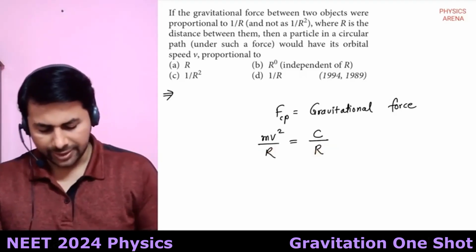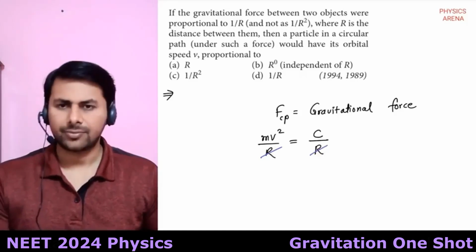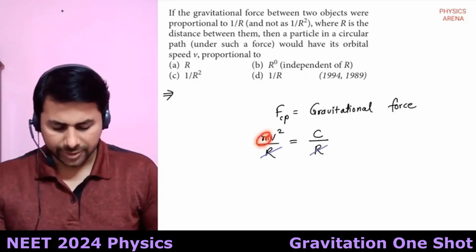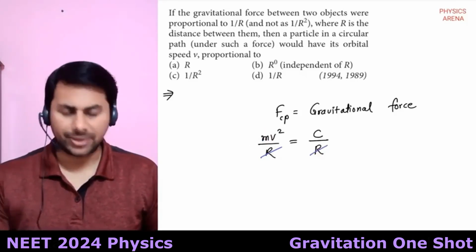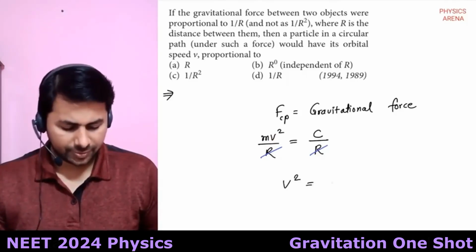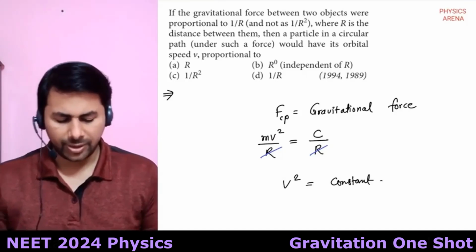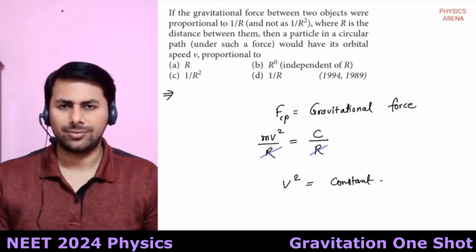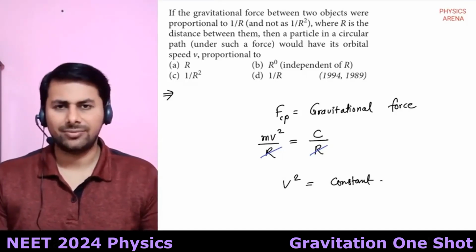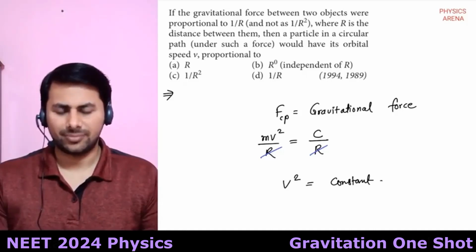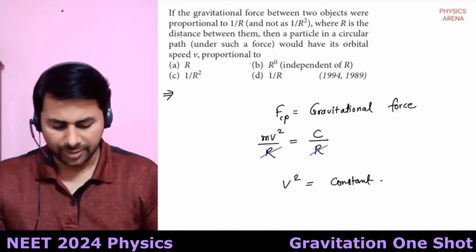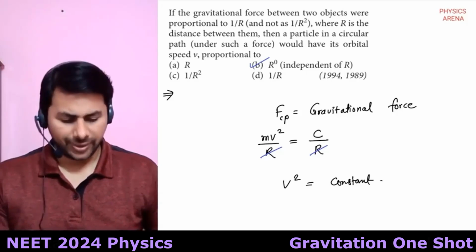The r and r will get cancelled, right? Mass is constant, so v square will be constant, and therefore speed will be constant. So which is the answer? It's option B, independent of r. Okay.